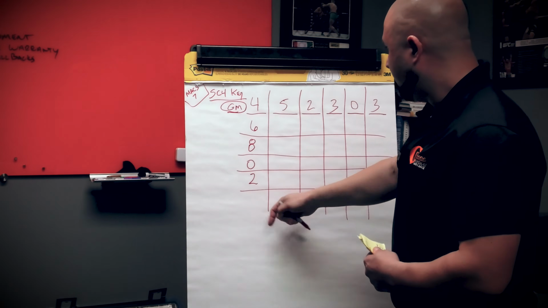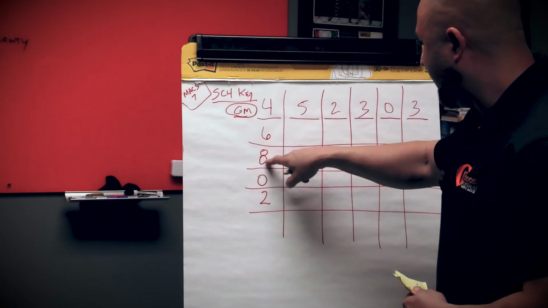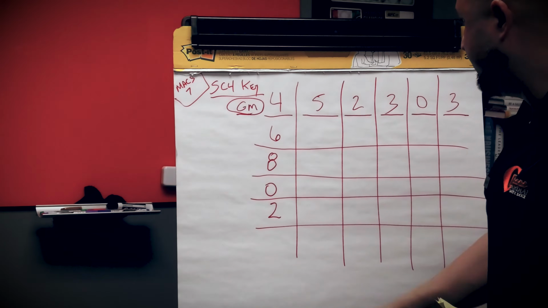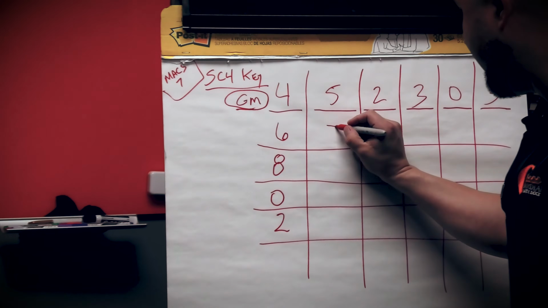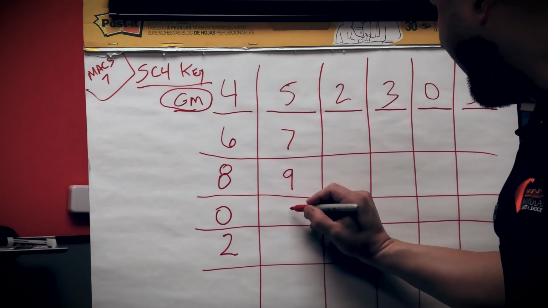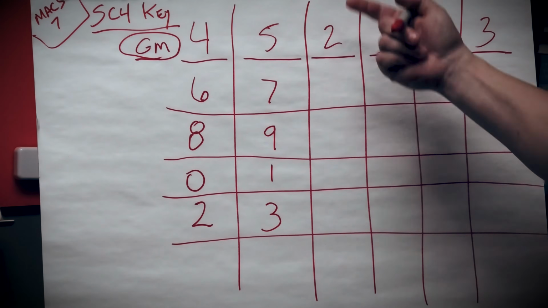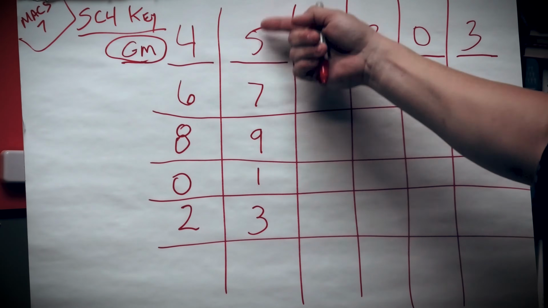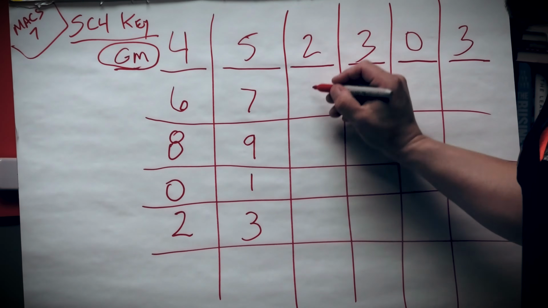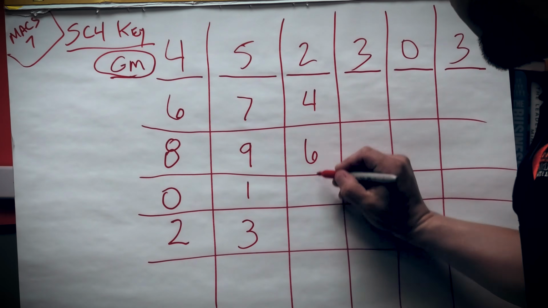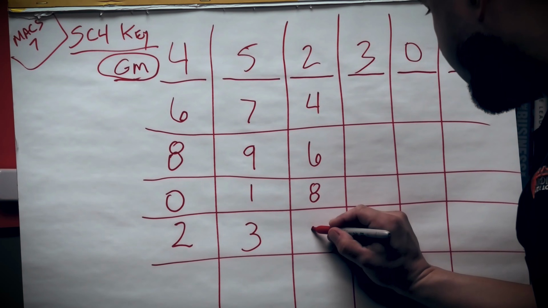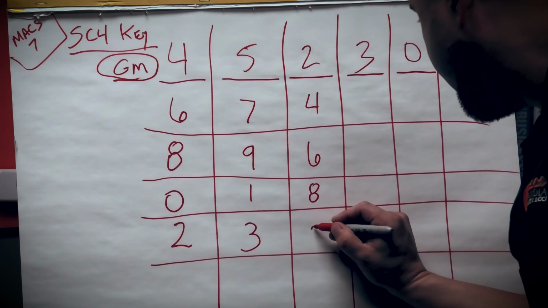So in this chamber, I can use 4, a 6, an 8, a 0, or a 2 cut, because they're all evens. In this chamber, I can use a 5, a 7, a 9, a 1, or a 3. And I'm going in the next order, so from a 4 to a 6 to an 8, a 5 to a 7 to a 9. And from a 2, 4, 6, 8, 0.